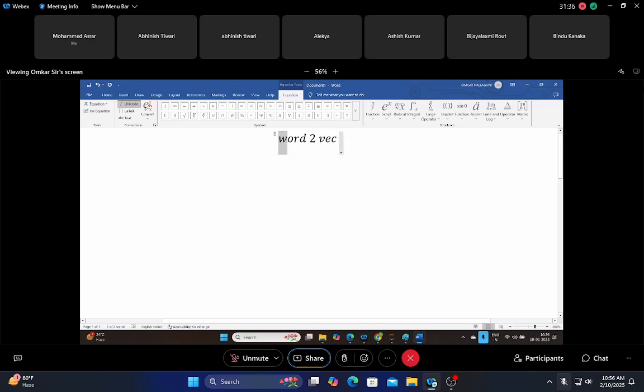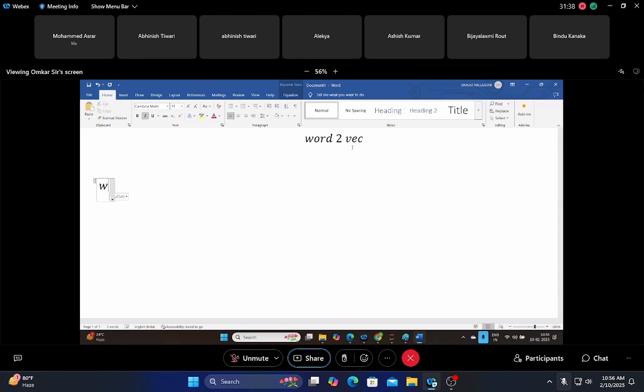Our main goal is, write it down, our main goal is to convert text to number vector. Number vector.